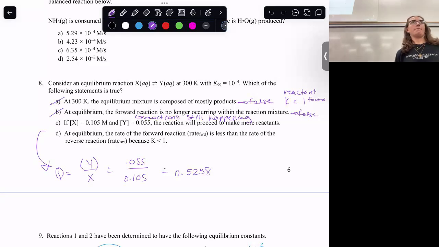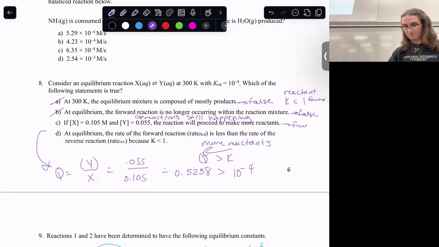How does that compare to K? It's bigger than 10 to the negative 4. So Q is greater than K. So which way do we go? More reactants. So this is true.